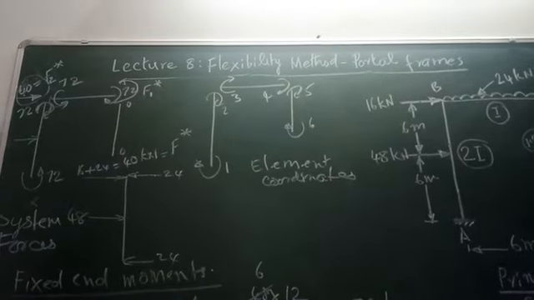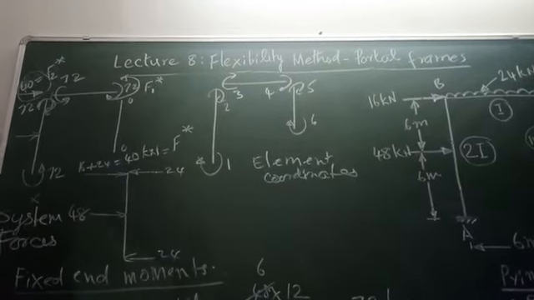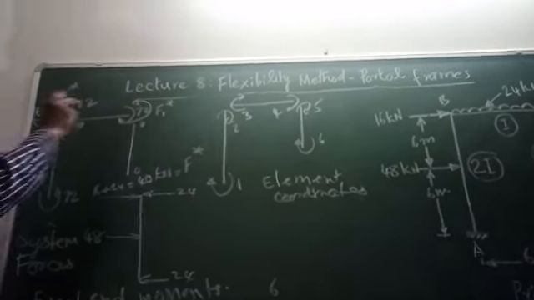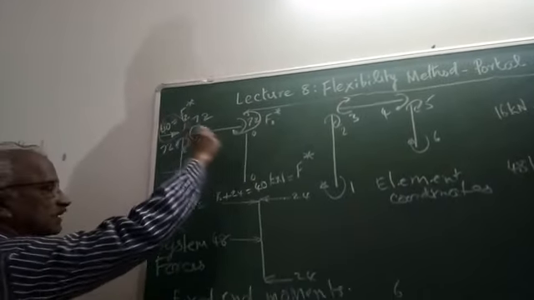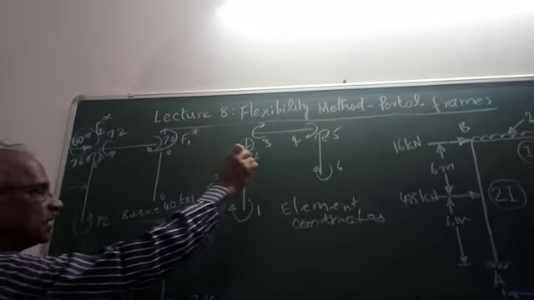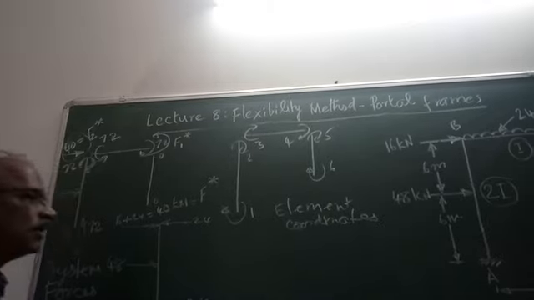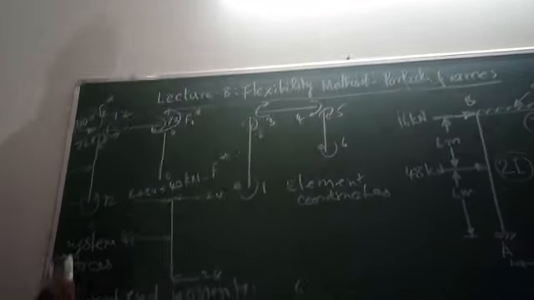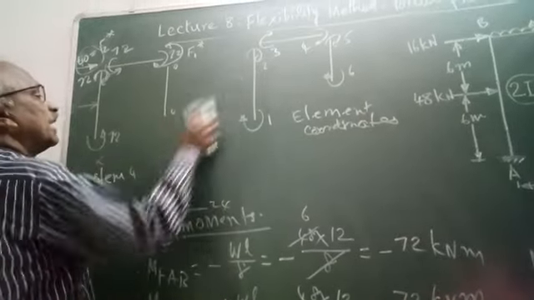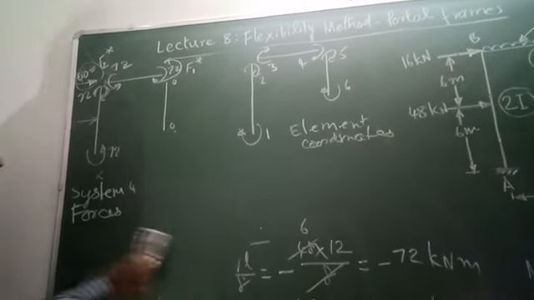So we have found out the static indeterminacy, we have fixed the redundant structure, we have found out F1 star and F2 star resulting from the given external forces, we have fixed the element coordinates. So with these items we will next take up the calculation of the two important matrices.